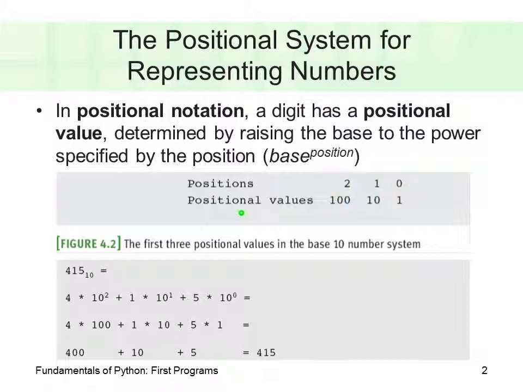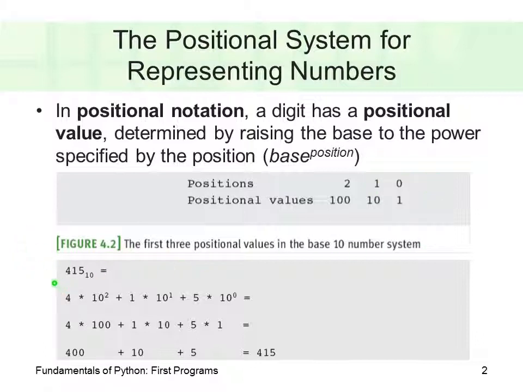Well, you've got 3 positions: the units place, the tens place, and the hundreds. Where do we get units, tens, and hundreds? Well, 1 is 10 to the 0. 10 raised to the 0 is 1. 10 raised to the 1 is 10. And 10 raised to the 2 is 100. And that's how we figure it out.